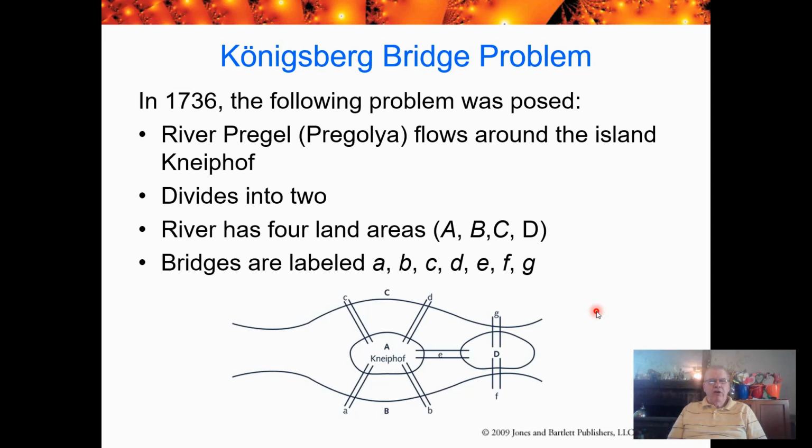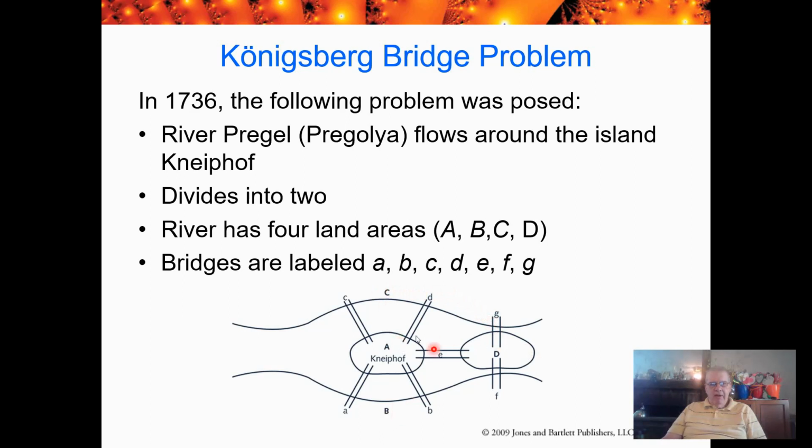He lived in Königsberg, with the umlaut over the O, which is in northern Germany, perhaps Poland, I'm not sure exactly where. And the river flows around an island called Niepow.